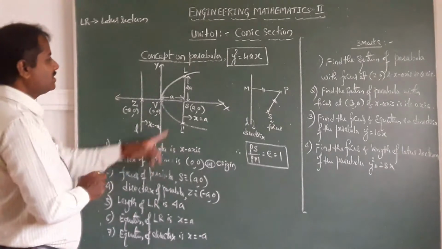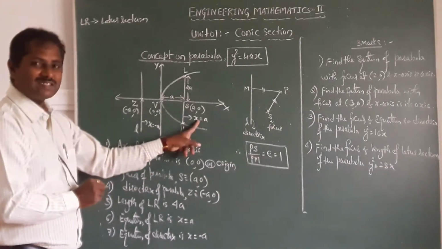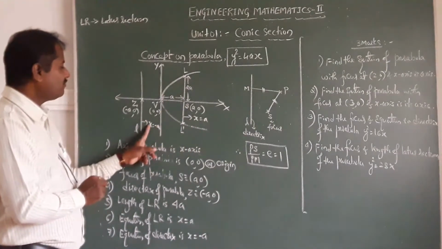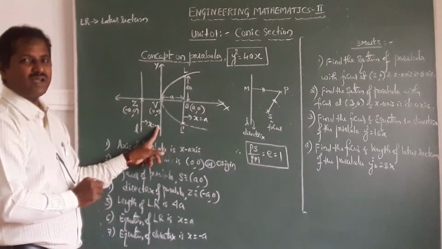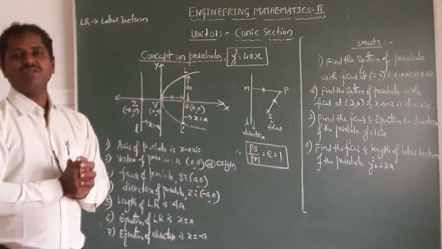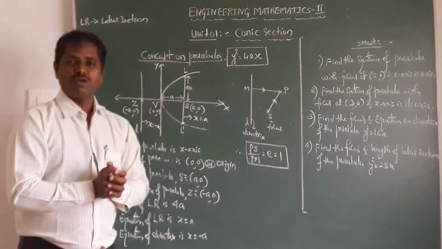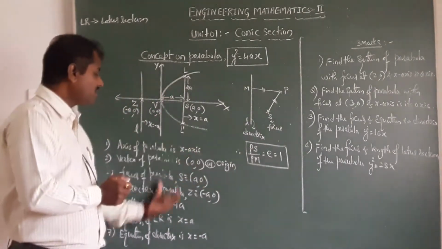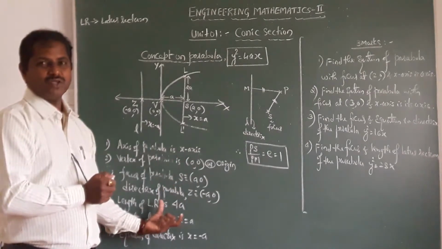So the equation of latus rectum is x is equal to a, and the equation of directrix is x is equal to minus a. So remember students, while solving the 3 marks questions under this parabola, we have to remember these points.